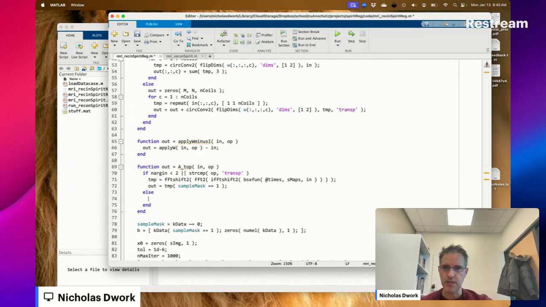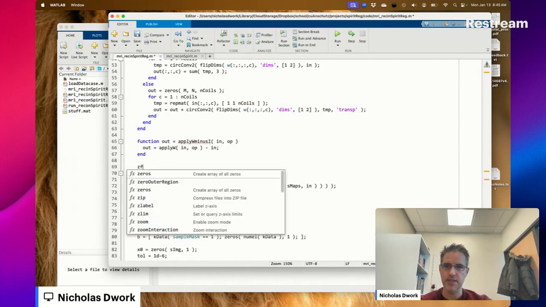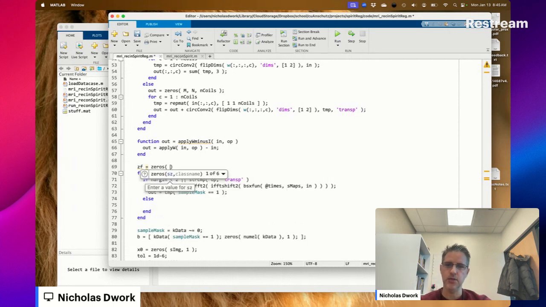Okay, now we need the adjoint of this operation. So I don't have to continuously allocate and deallocate arrays, I'm going to pre-allocate a matrix of size equal to k data. I'll call it zero filled. ZF is equal to zeros size k data. We actually know the size of k data. I don't know that it's any faster to use that, but whatever.